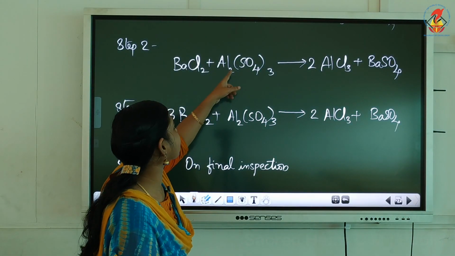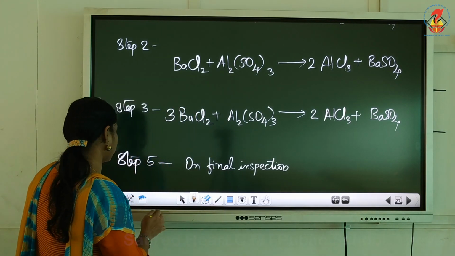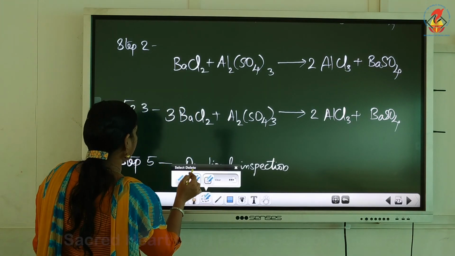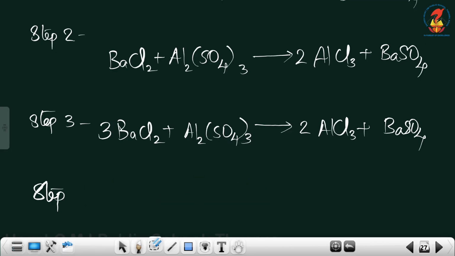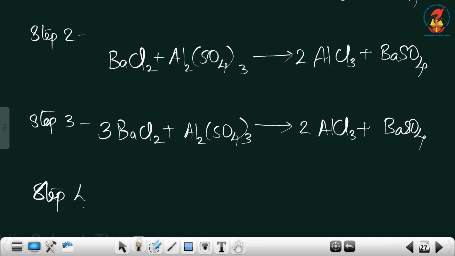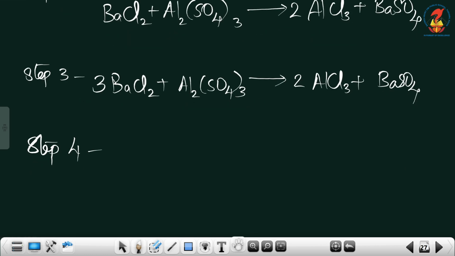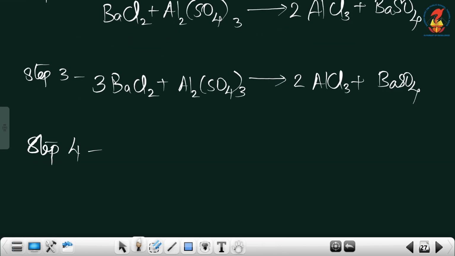If we are equating sulfur and oxygen, as it is a radical, we have to equate it together. So we are equating that together in the next step, that is step 4. In step 4 we are going to equate the next 2 elements together.